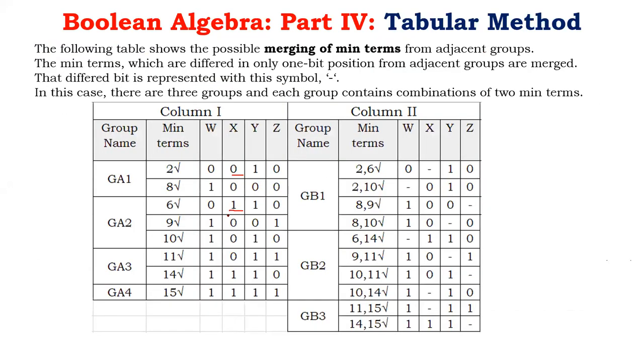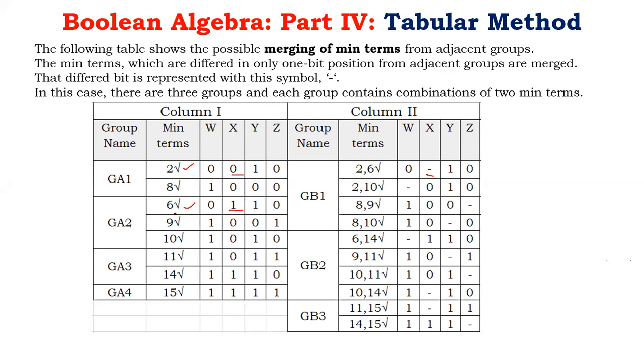So the remaining bits 0, 1, 0 are the same. The 1 bit position, the differing position, should be placed as a dash. For 2 to 6, already done. Then 2 to 9: every element of the two groups should be compared.